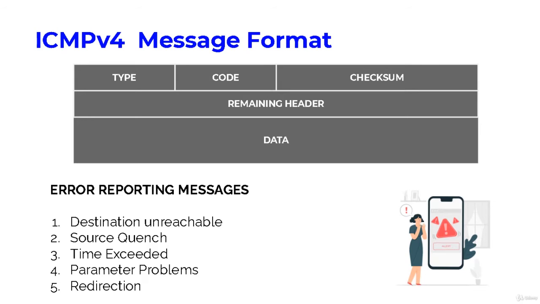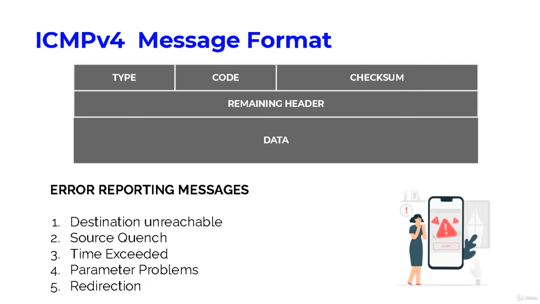This 8-bit field is used for specifying the reason for the particular message type. The last common field is the checksum field, which is 16 bits long. The information to find the original packet that had the error is included in the data section of the error messages, whereas the data section in the query messages contains extra information depending upon the type of the query.